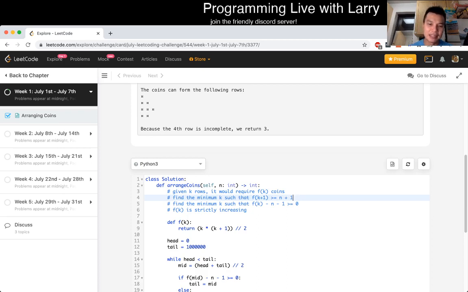Anyway, the complexity for this problem, it's hard to give a precise meaning. We can analyze it in terms of n, but the disclaimer here is that in a lot of these types of problems where the input is an integer, technically and pedantically speaking, n is the size of the input, not the input itself, and the size of the input is in terms of the number of bits, right?